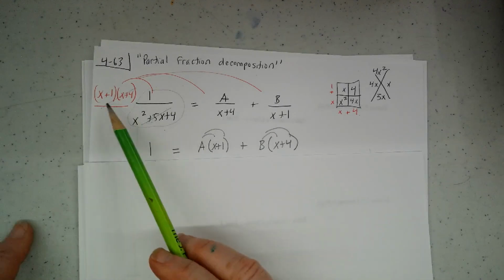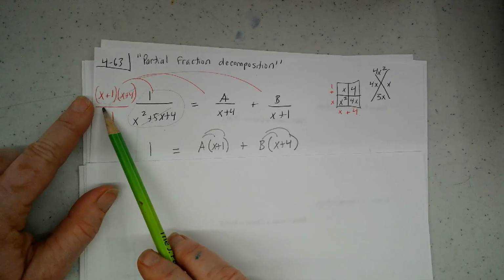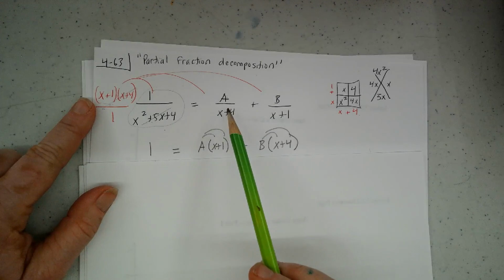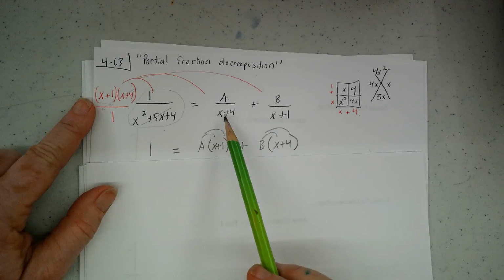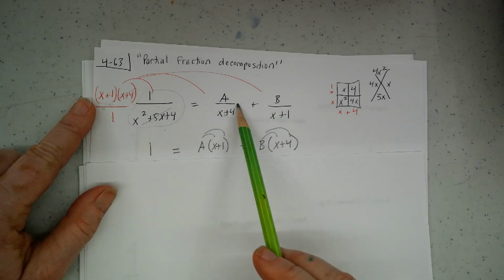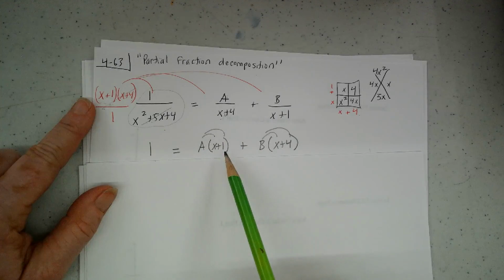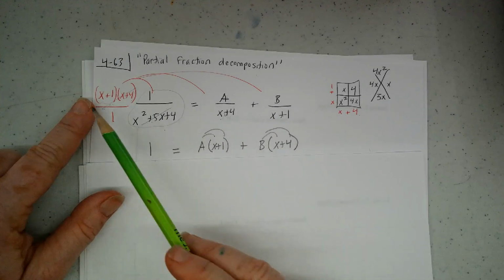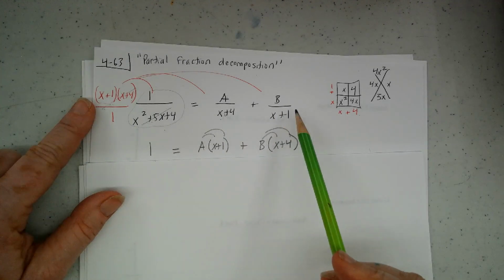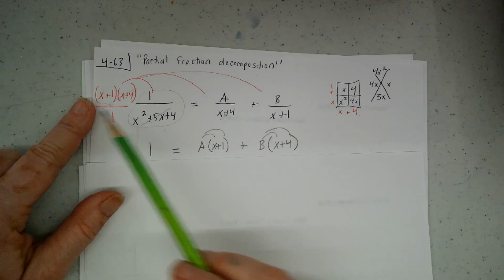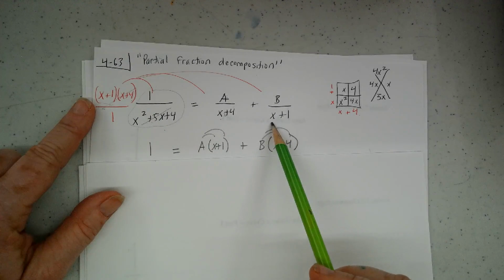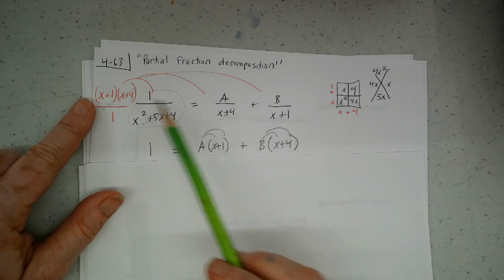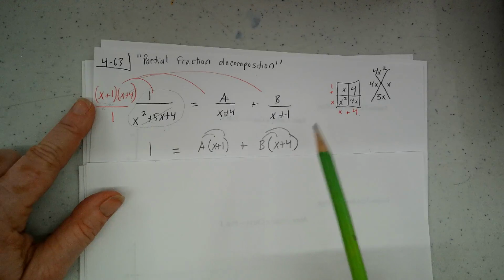And when I multiply x plus 1 times x plus 4 with this fraction, the x plus 4's cancel out and leaves me with a times x plus 1. And when I do likewise to the second fraction, the x plus 1's cancel out, and I end up with b times x plus 4.